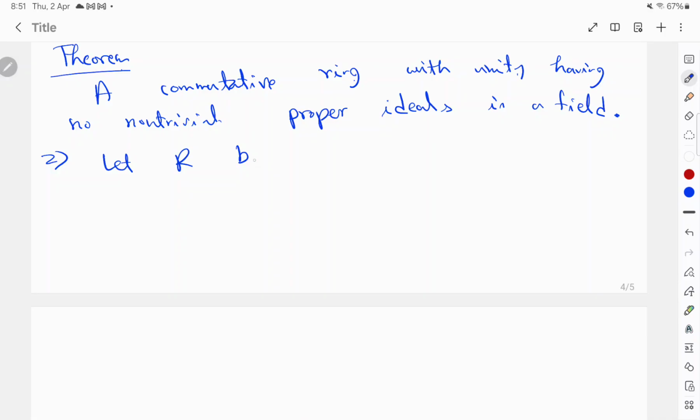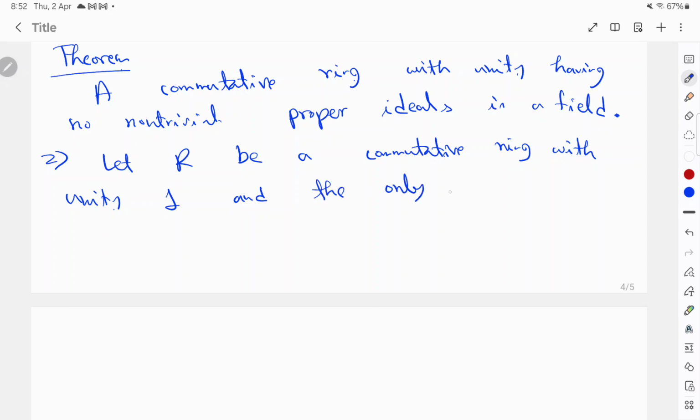Okay, so let R be a commutative ring with unity 1 and the only ideals of R are 0 and R, right?